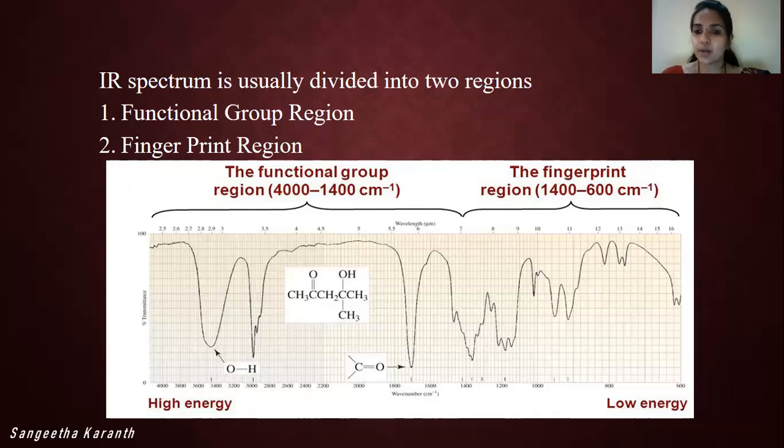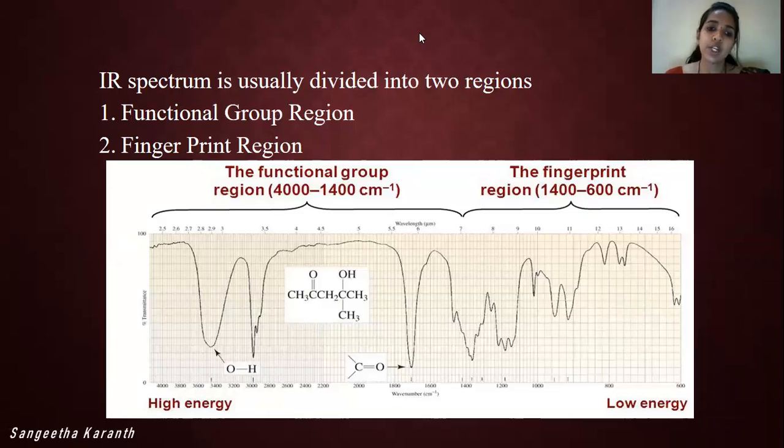Similar to our fingerprints, each person has a unique fingerprint. In the same way, each compound has its own fingerprint. In other words, the fingerprint region of a particular compound in the IR spectrum is very specific, a characteristic feature of that particular compound.